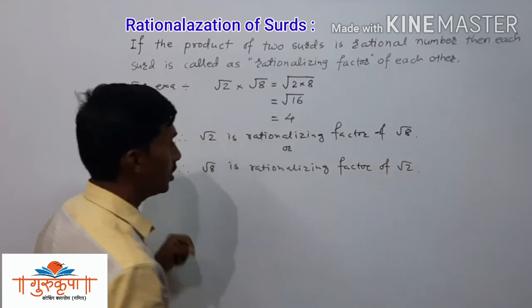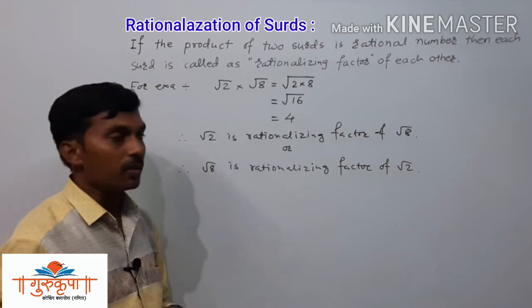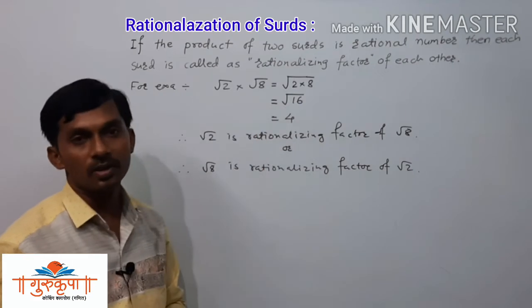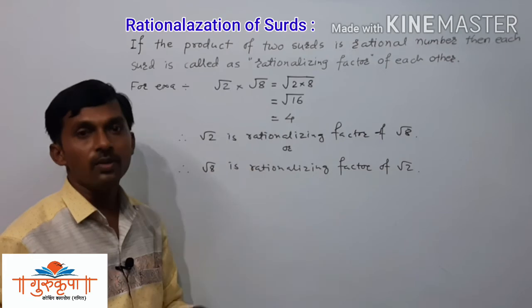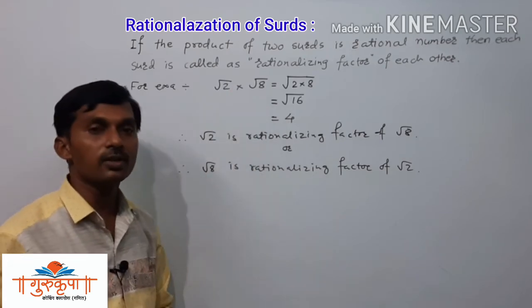Both are rationalizing factors of each other, but if and only if their product is a rational number. If the product of the two surds is not a rational number, then we cannot say that both are rationalizing factors of each other.